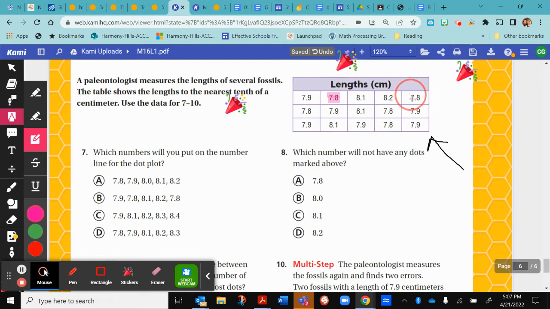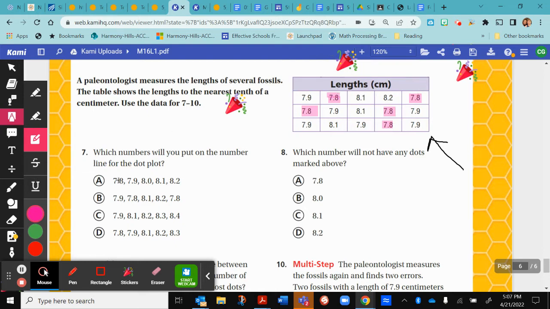So I'm going to put 7 and 8/10 and I'm going to check mark off where I'm at. Here's all my 7 and 8/10. Once you highlight, it's easier to see all the other numbers. I'm going to go through my columns. That's that. I'm done there, done there, done there, done there.